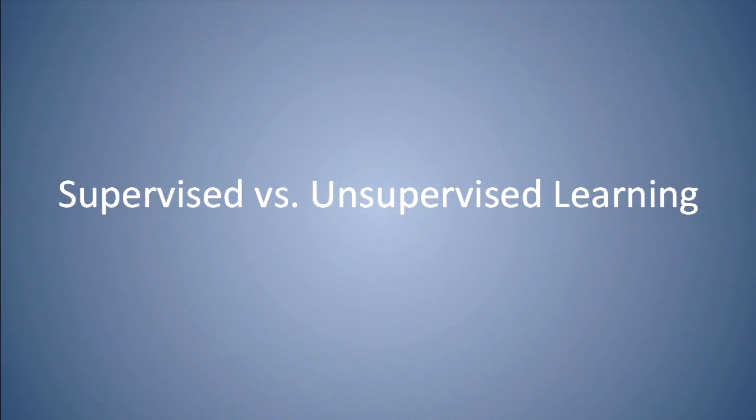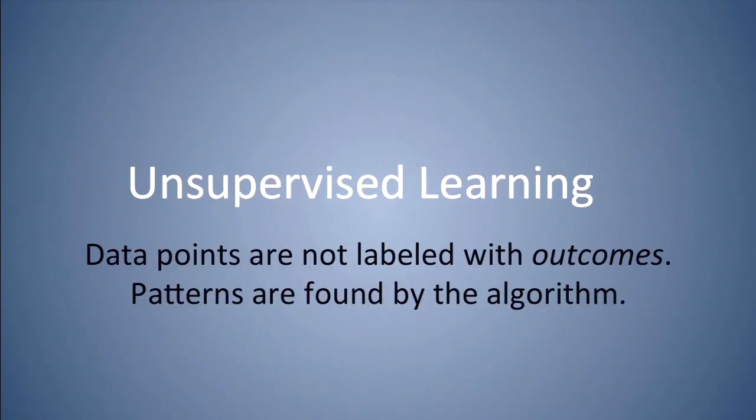And if you're beginning with machine learning, you will come across supervised and unsupervised learning. Unsupervised learning is simply when the data points are not labeled with outcomes. If you're looking for bins to put it in, the patterns are actually found by the algorithm as opposed to by the person himself.